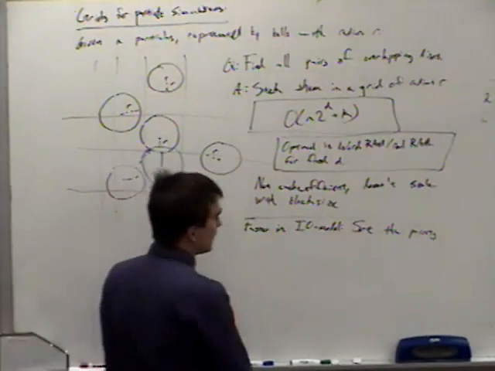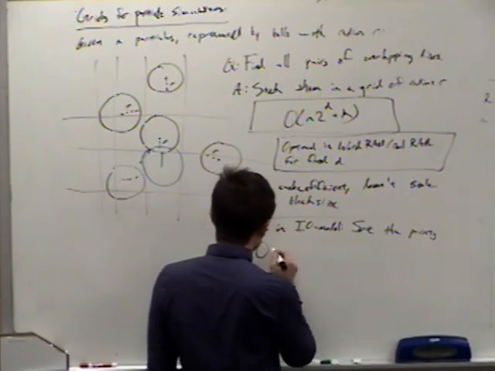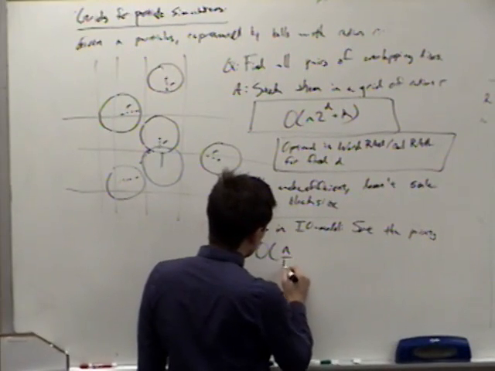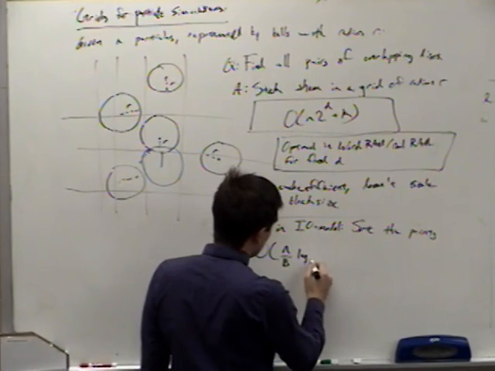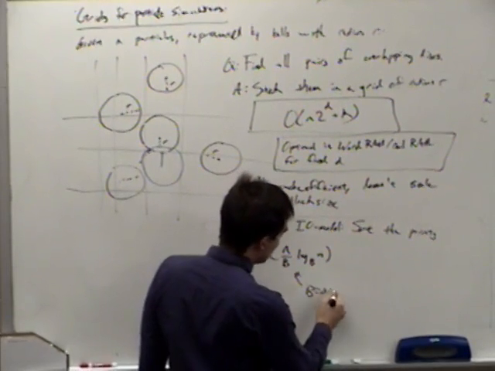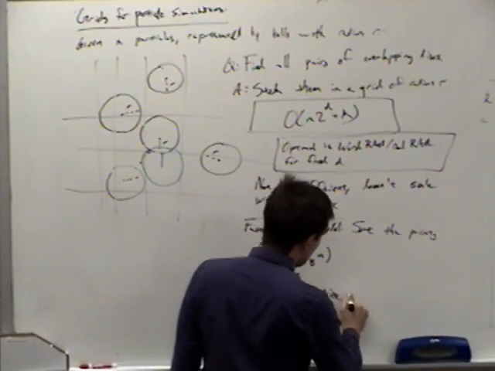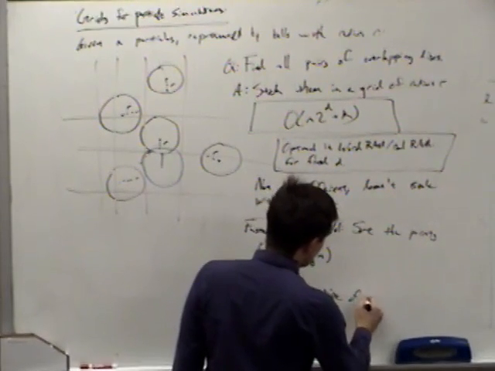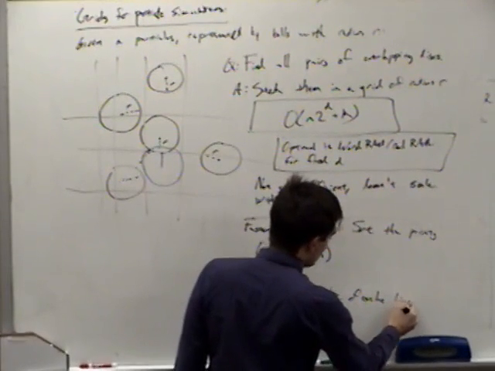The cost of doing that is bounded by the cost of sorting, which runs in order n over b log_b n, where b equals the size of your cache line or block.